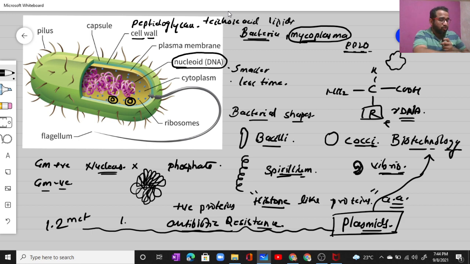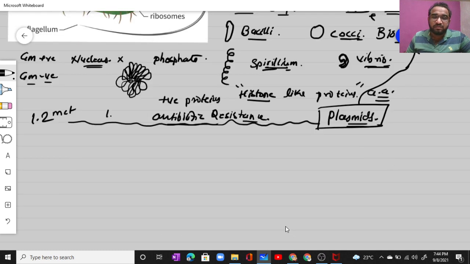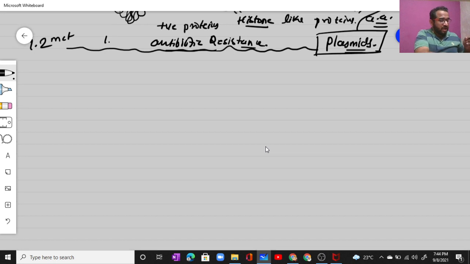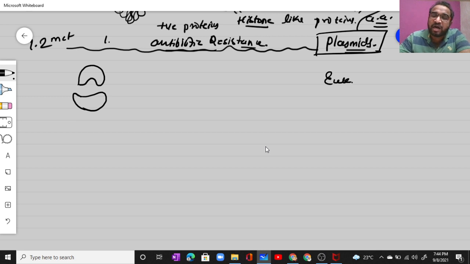When we talk about the ribosomes in the bacterial cell, we have to remember that ribosomes are present in eukaryotic cells as well as in prokaryotic cells. Ribosomes are very tiny structures, and in the eukaryotic cell, they are either free in the cytoplasm or present on the surface of the endoplasmic reticulum.